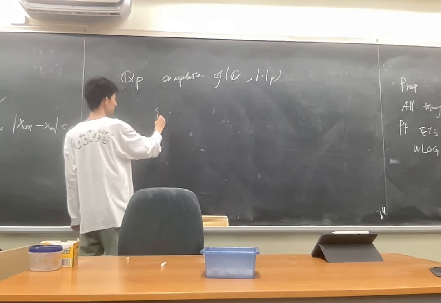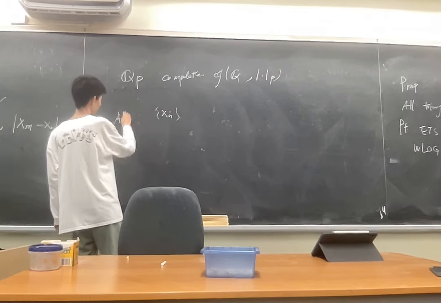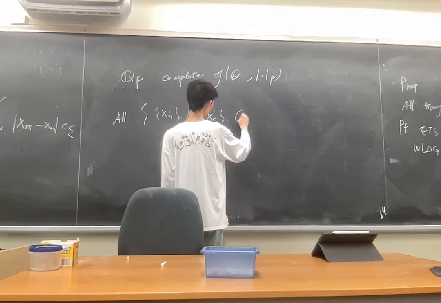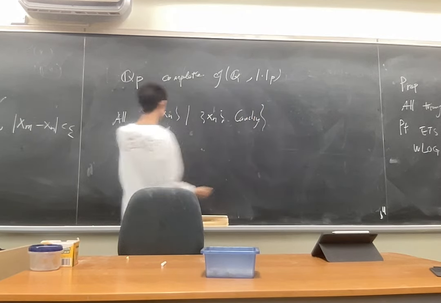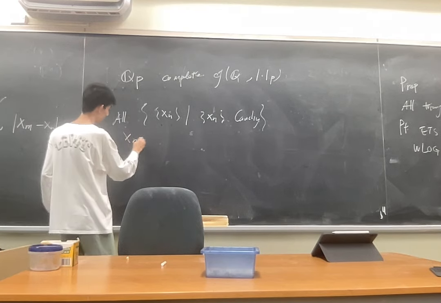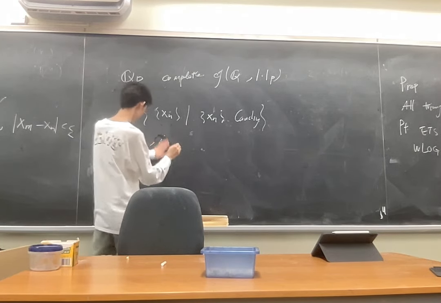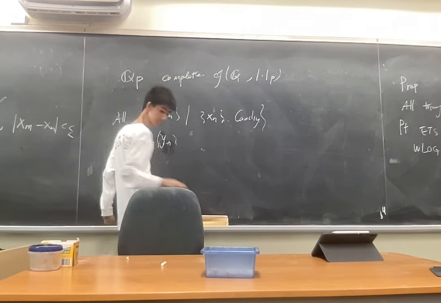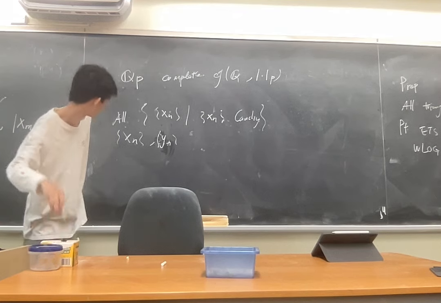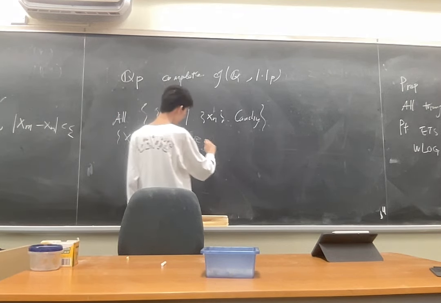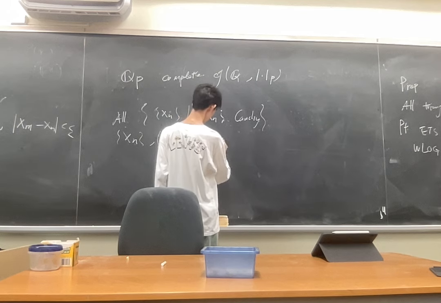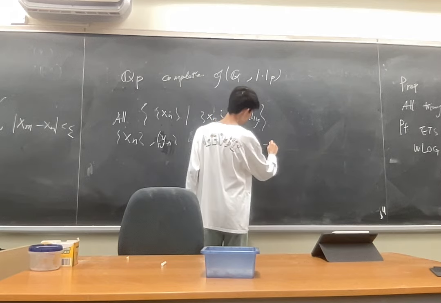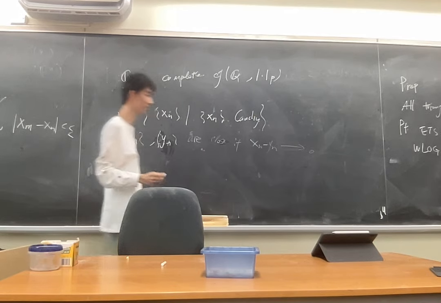Basically, you consider all the Cauchy sequences, and then you want to build an equivalence relation on them. Two sequences x_n and y_n are equivalent, basically close, if the difference goes to 0.